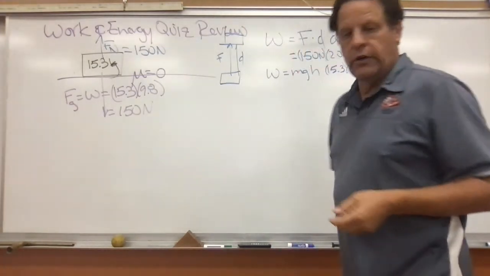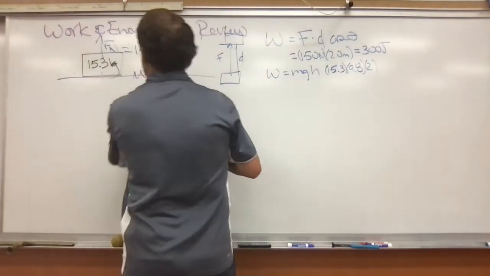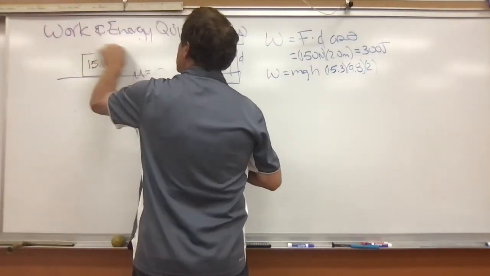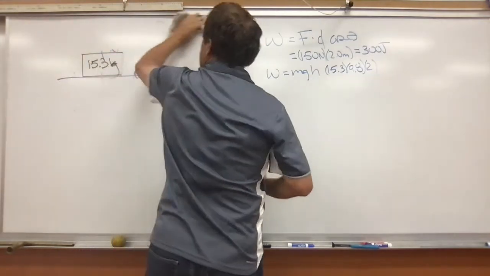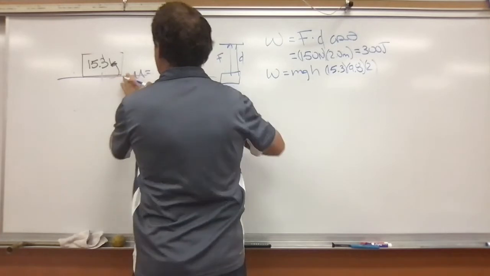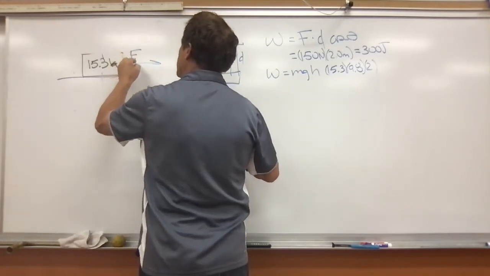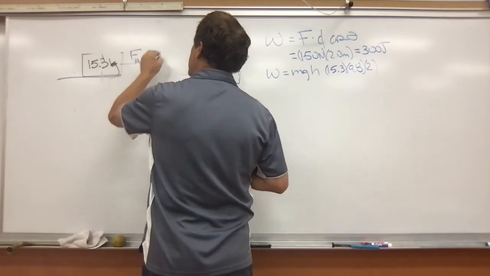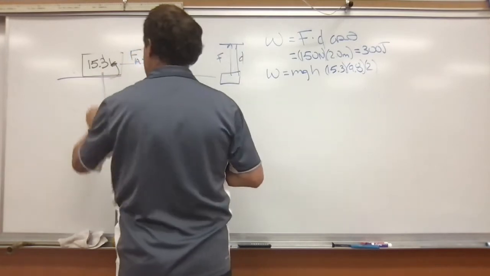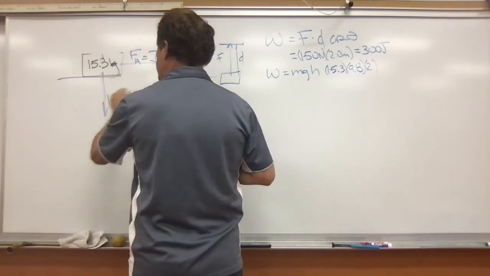Okay, so if we now get rid of some of this stuff here, and we now have an applied force that's equal to 75 newtons, and since it's horizontal, we're still going to have 150 newtons.